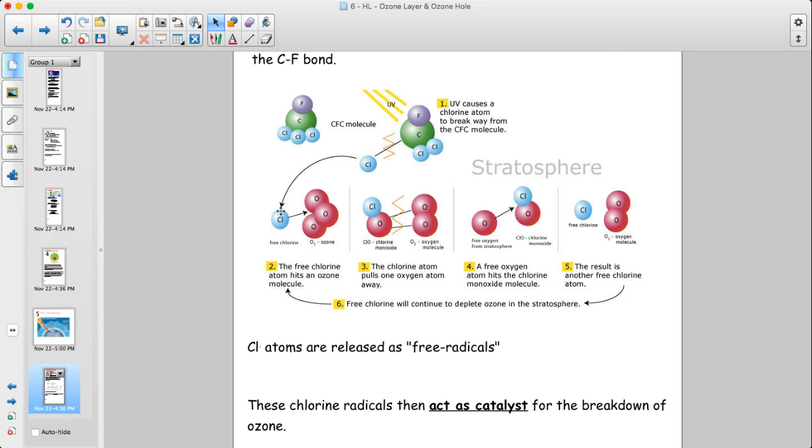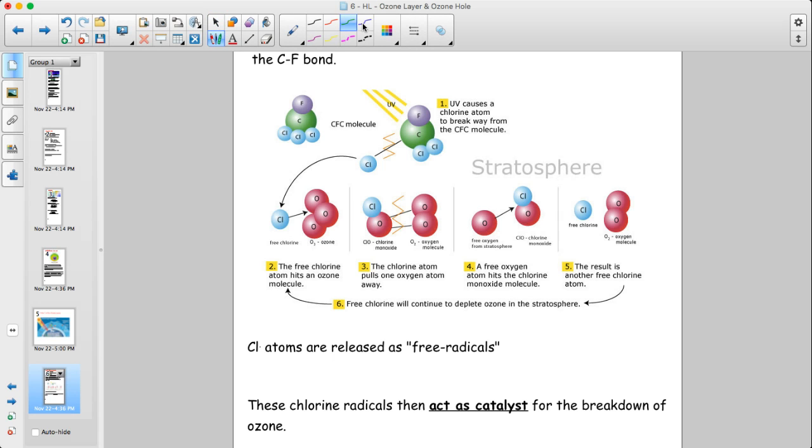So these free chlorine atoms, these free radicals, end up knocking into ozone molecules, ripping off oxygen from them, leaving behind oxygen gas, and forming this chlorine-oxygen intermediate. That chlorine-oxygen intermediate is itself a radical, and it can combine then with free oxygen atoms to produce oxygen molecules once again, and reproduce the chlorine.